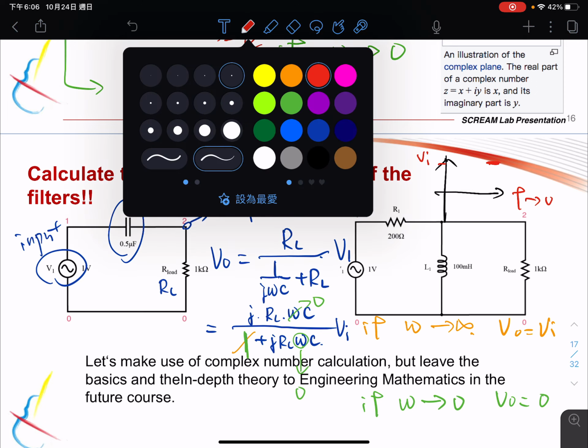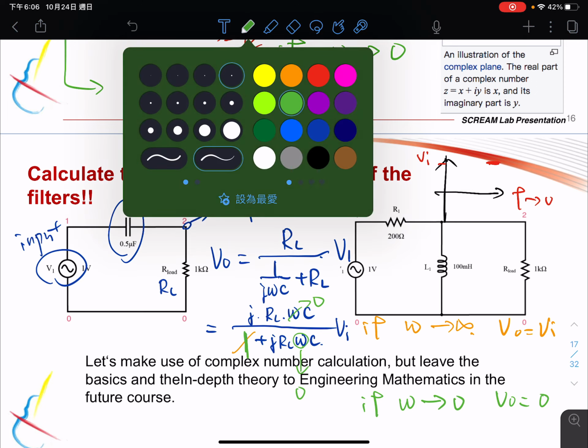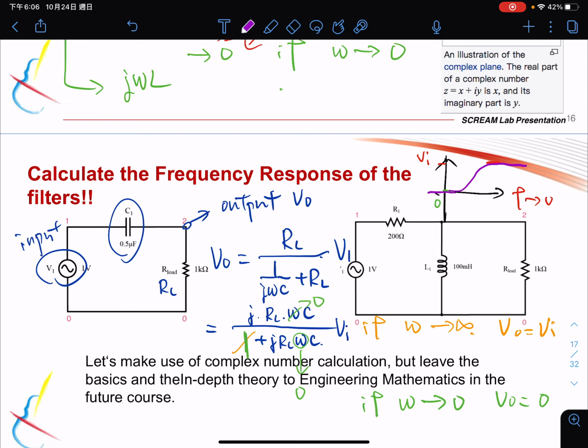But when frequency goes to nearly 0, we have 0. So this will be approximately the characteristic of your filter. So as we can see, this one will be the high pass filter, right? High pass filter.